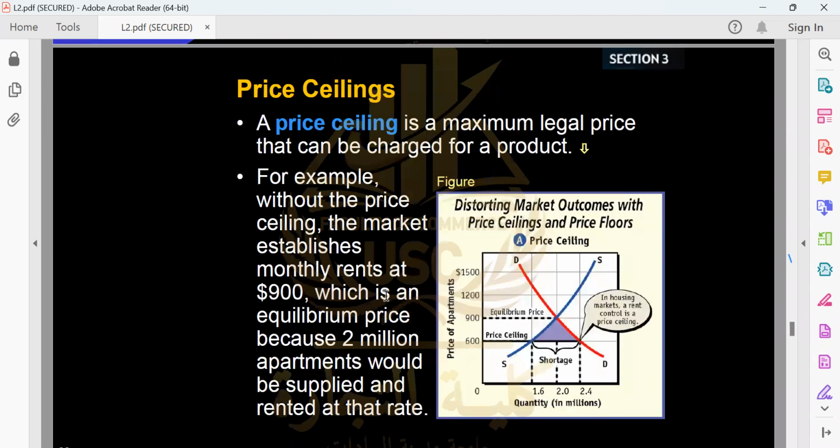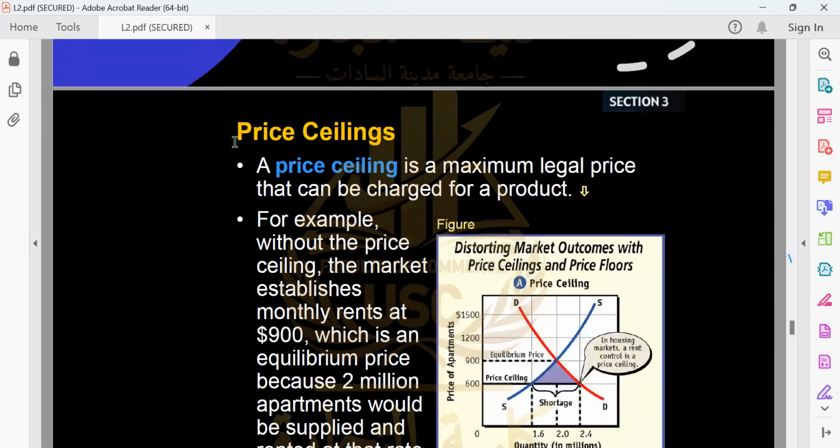We have an important session where we will discuss price ceiling and price floor. So a price ceiling is a maximum legal price. So the maximum legal price is the price ceiling.